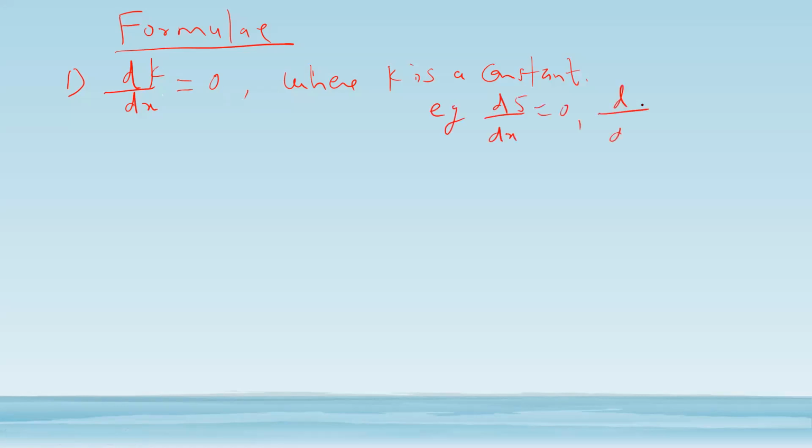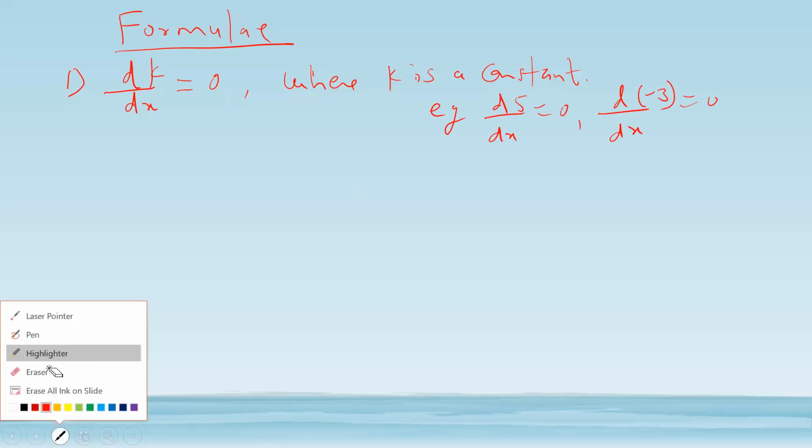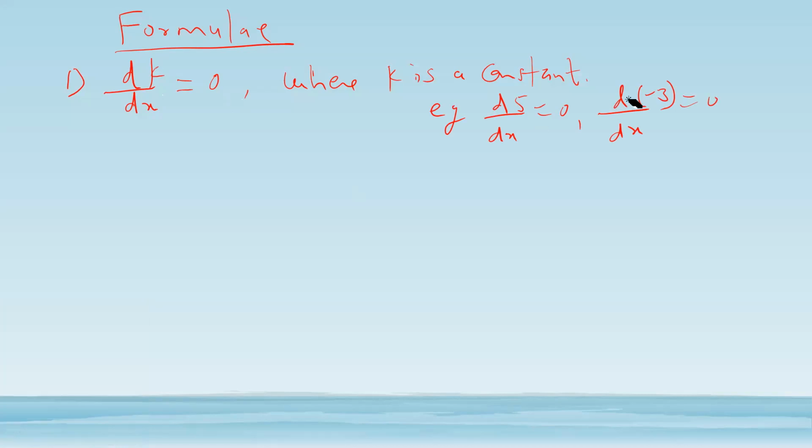Derivative of minus 3 is also 0. Similarly, the derivative of 1 by 5 is also 0, any number. Second one, what formula have we seen? Derivative of x to the power n is n into x to the power n minus 1.